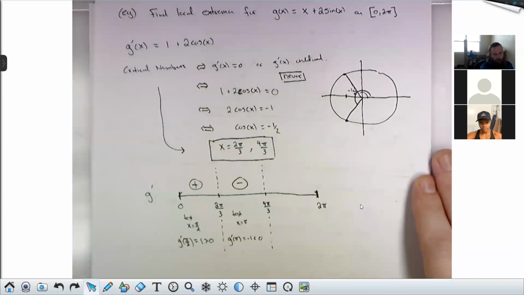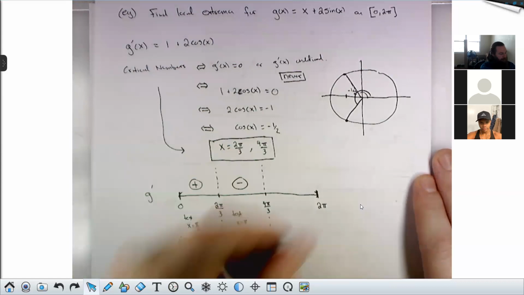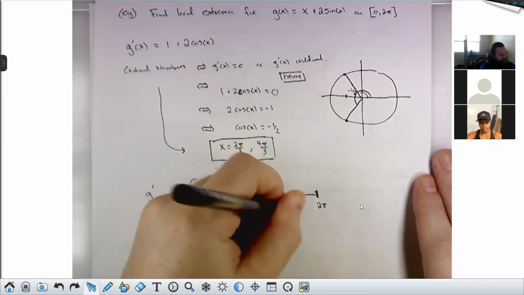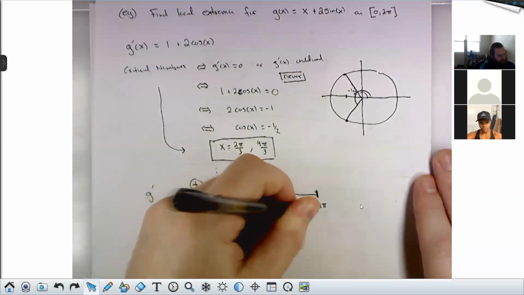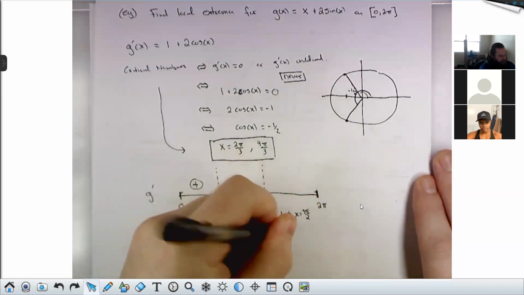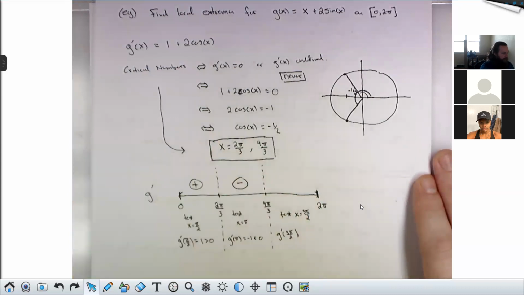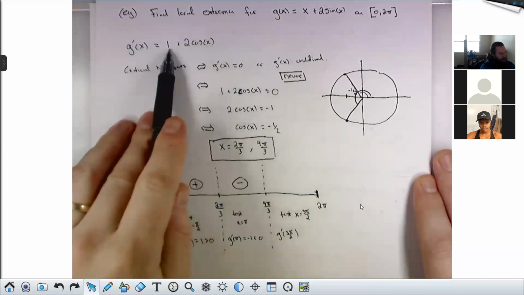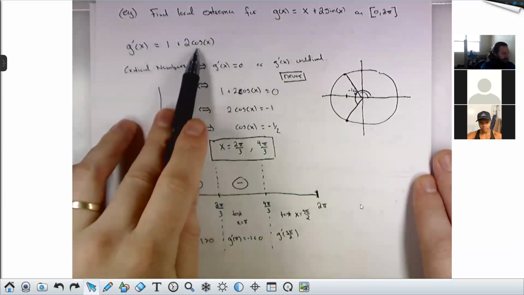And to the right of 4 pi over 3, I could test 3 pi over 2. G primed evaluated at 3 pi over 2 is 1 plus 2 times the cosine of 3 pi over 2.